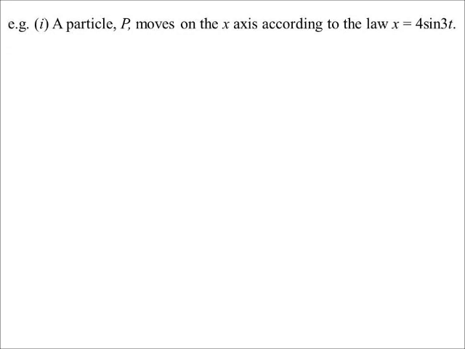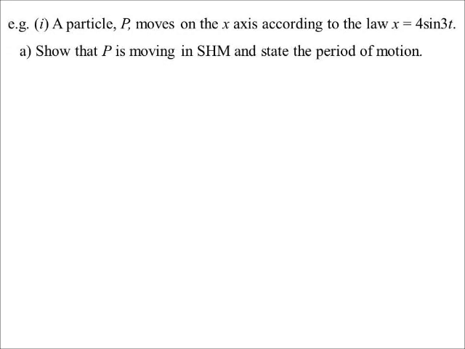So here we are. This time they've given us the displacement formula to start off with. When they start with displacement, one of the things they like us to do is go and actually show it's simple harmonic motion. Now, you don't need to do a heck of a lot, because all we have to do is show it satisfies acceleration is negative constant times displacement.